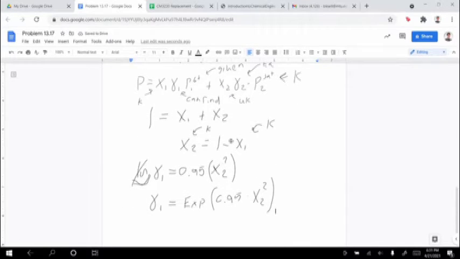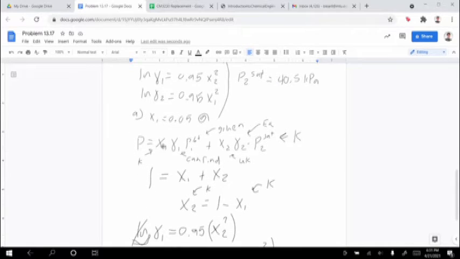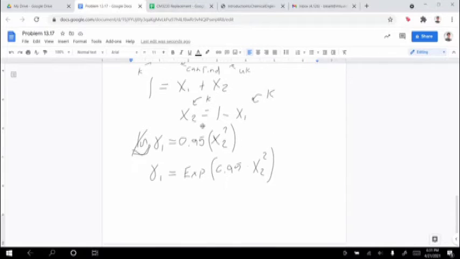So looking at what we have now, we have this equation, we know this, we have something we can substitute in for this, we know this, we can substitute something in for this, same here, and then we know this. So we have everything that we need to find our total pressure, bubble pressure.